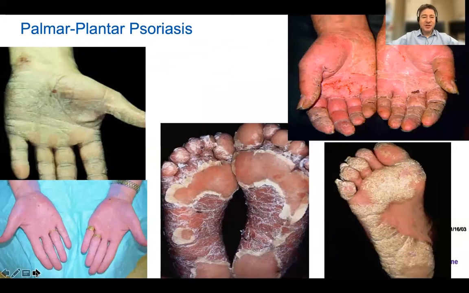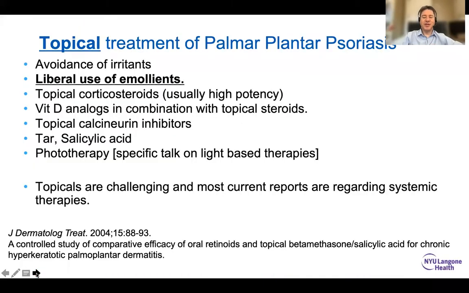But you notice the palmoplantar psoriasis patient has many types of presentations, and it may not be so forthcoming on the first visit what that diagnosis is. You really should look at the scalp and the ears and the nails and the elbows and knees to try to ascertain if there's any hints to this patient being a classic psoriasis patient, because just looking at the hands and feet will not deliver the diagnosis that you might want.